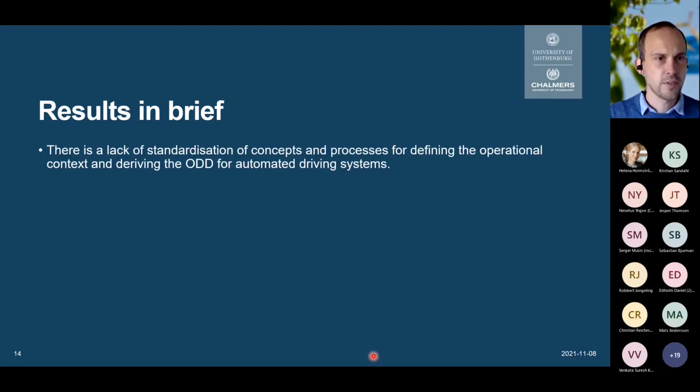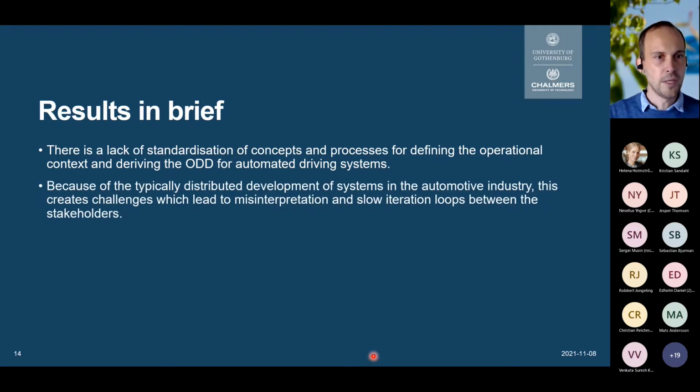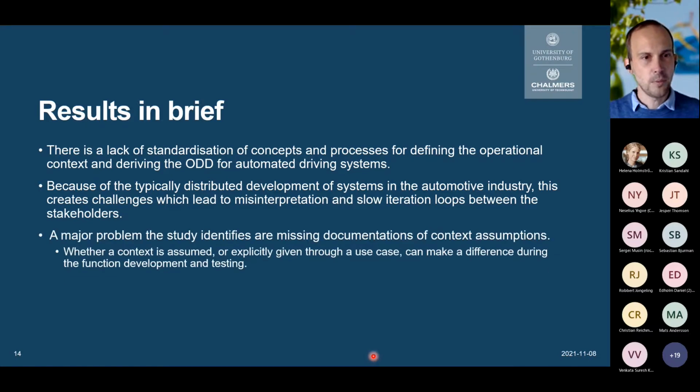There's a clear lack of standardization of concepts and processes for defining the operational context and deriving the ODD for automated driving systems. Because of the typically distributed development of systems in the automotive industry, this creates challenges which lead to misinterpretation and slow iteration loops between the stakeholders. And a major problem the study identifies is missing documentation of context assumptions.